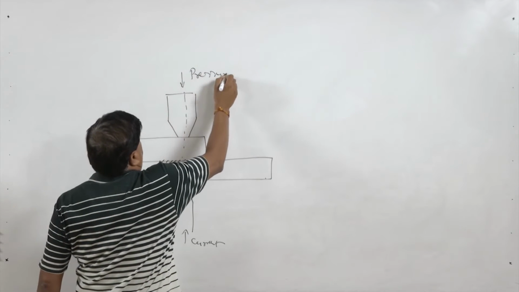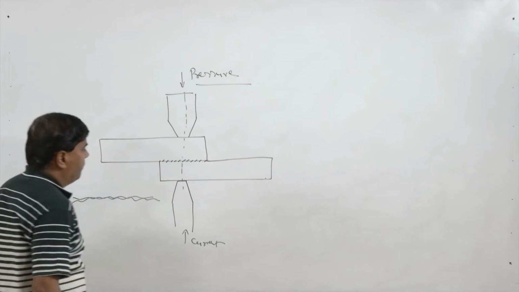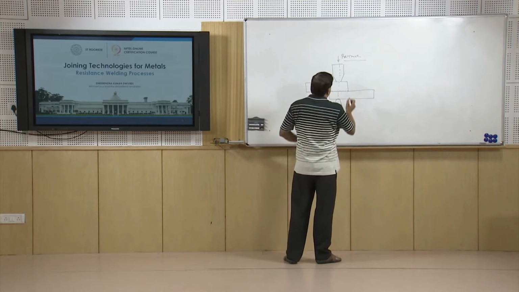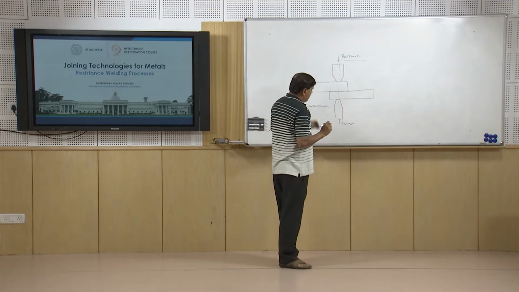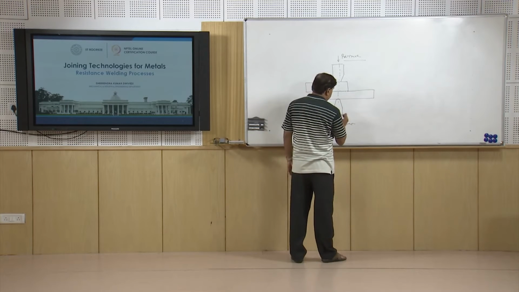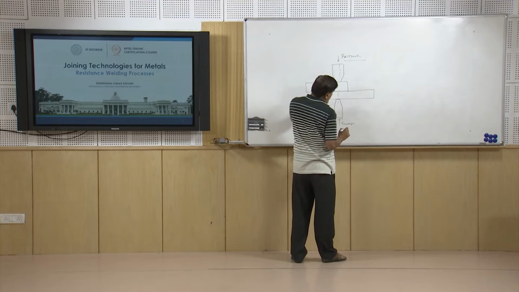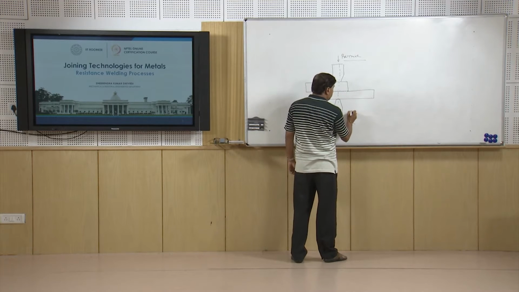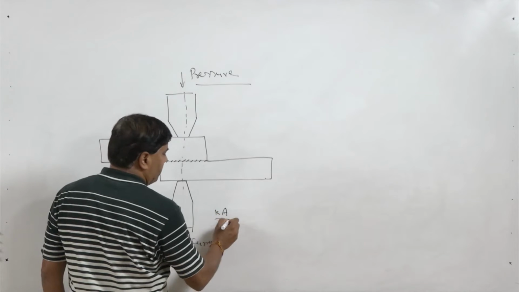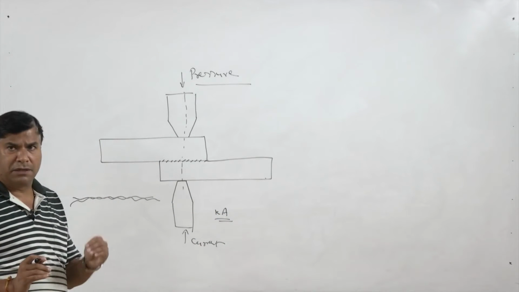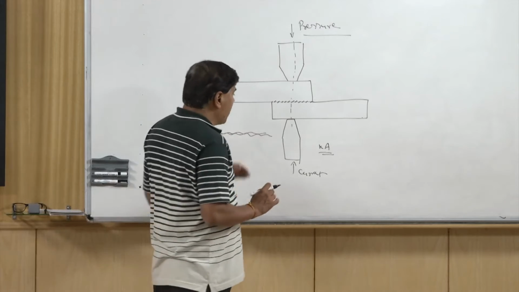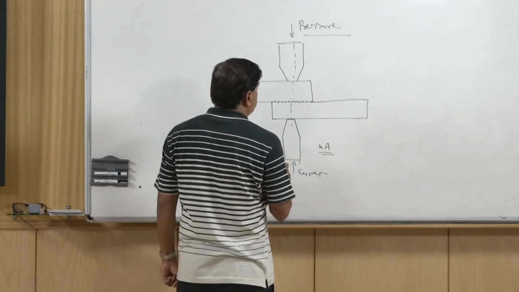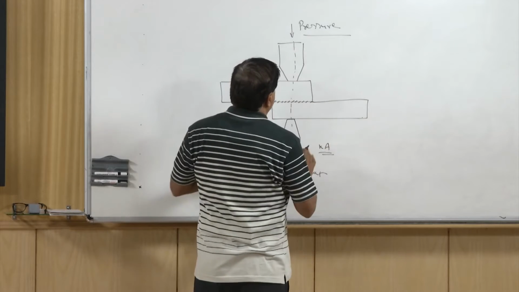These are the two purposes of using the electrodes. So, a very heavy current is allowed to flow through these electrodes into the workpiece. It may be in thousands of ampere, like 30,000, 40,000 ampere. So, heavy flow of current takes place through these electrodes, and then pressure is applied.